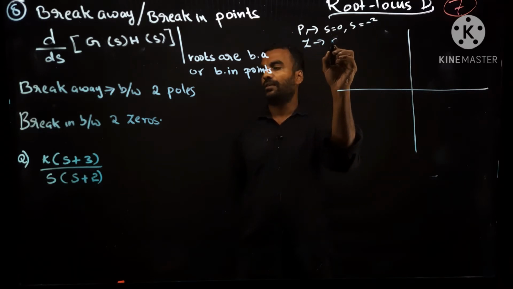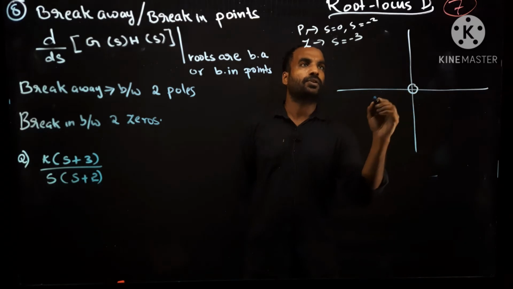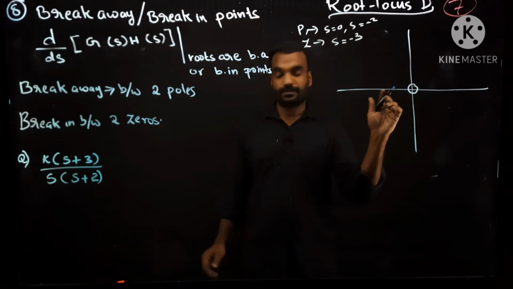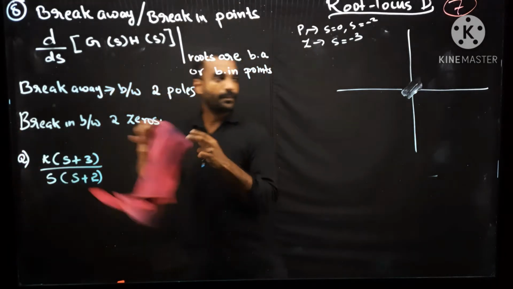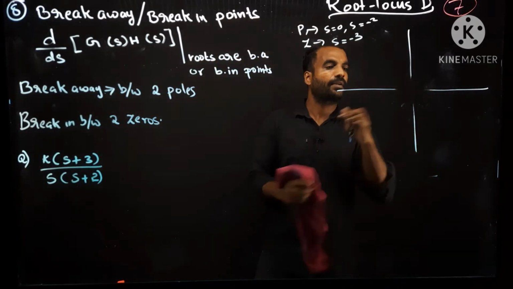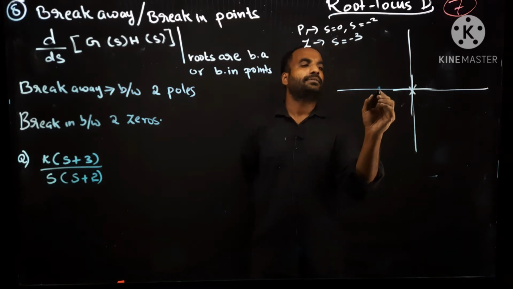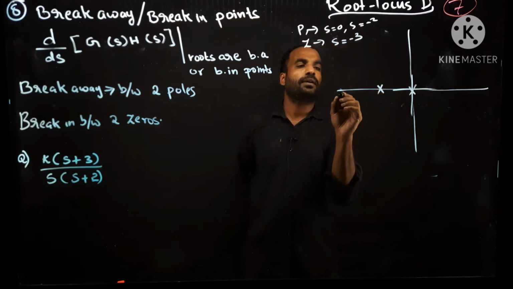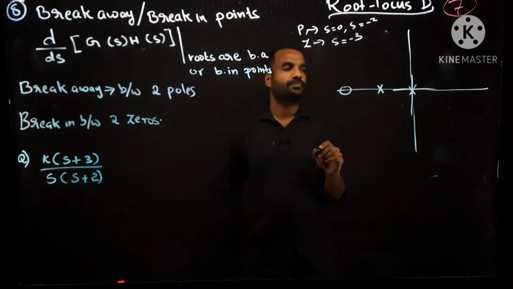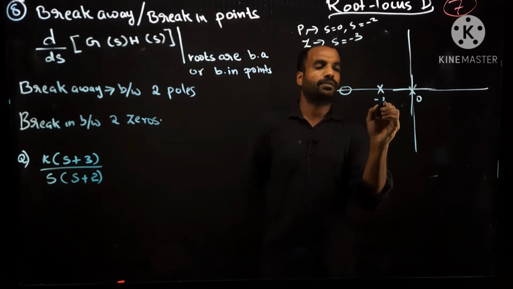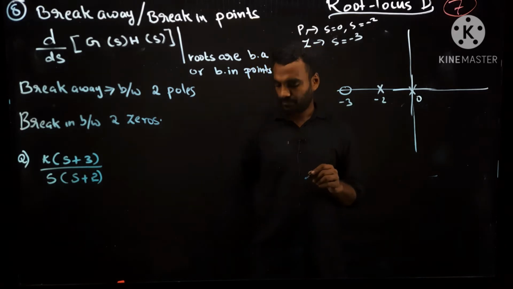The zero is s equals minus 3. S equals 0 is a pole, s equals minus 2 is a pole, s equals minus 3 is a zero. Plot 0, minus 2, minus 3.